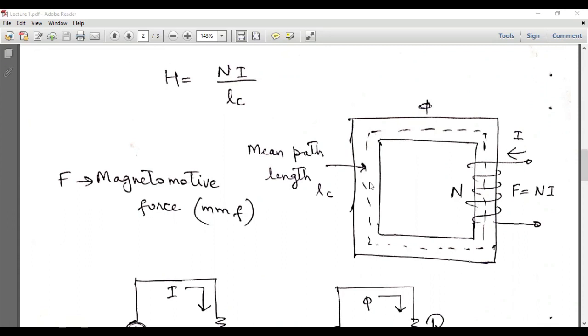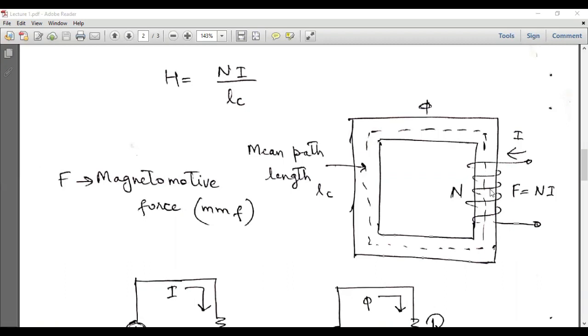So we can consider this rectangular core which is made up of a ferromagnetic material, and now in this case we have to calculate the length of this closed path. Now the length of the closed path will be different around the cross section of this core. So mean path length will be considered every time, and mean path length will actually be the length of this dashed line, which is the length calculated at the middle of each segment of this core.